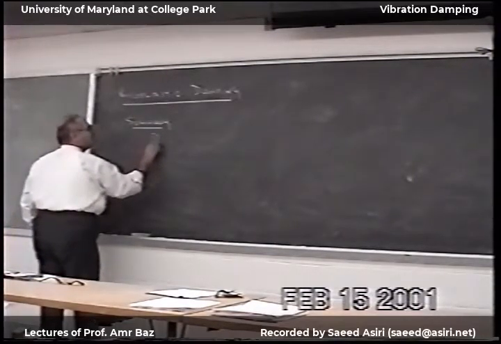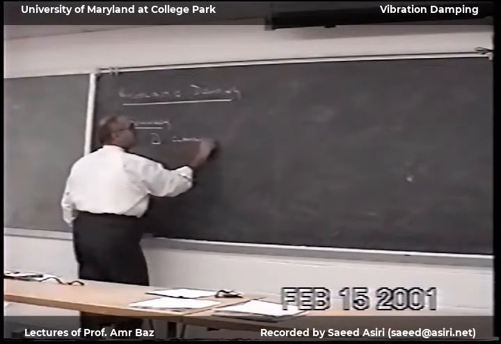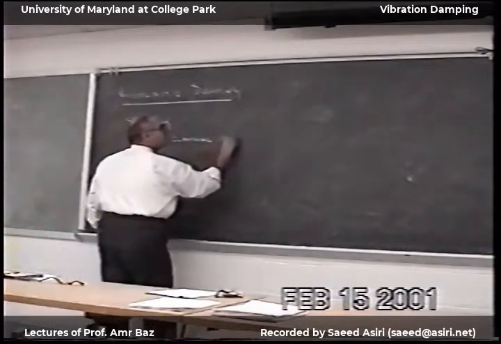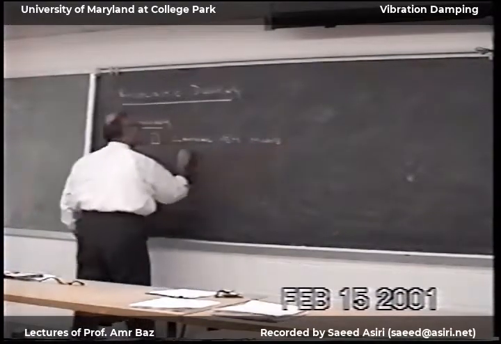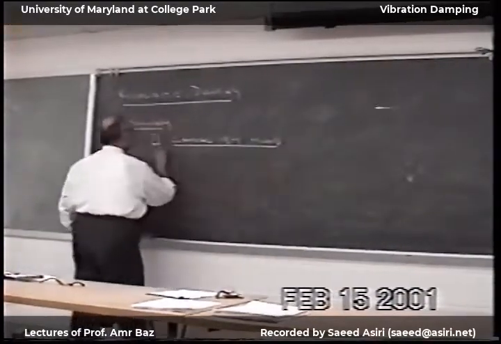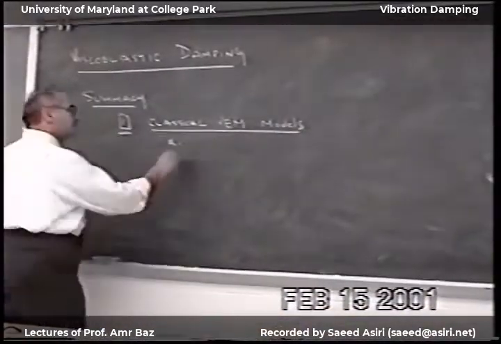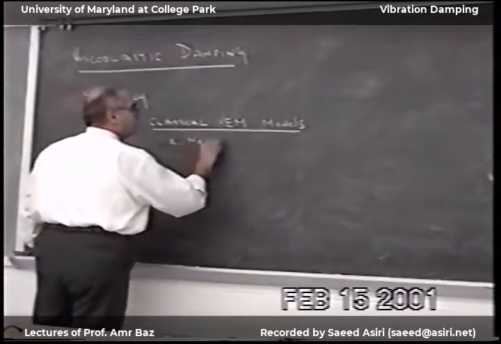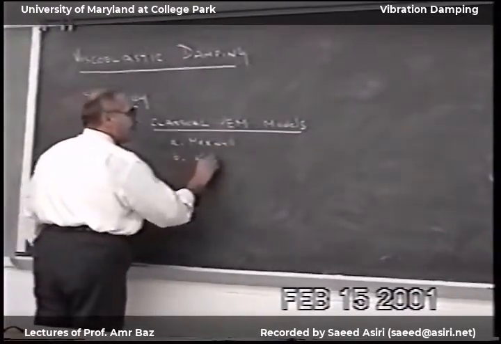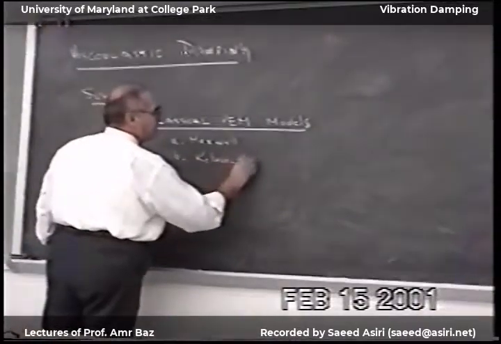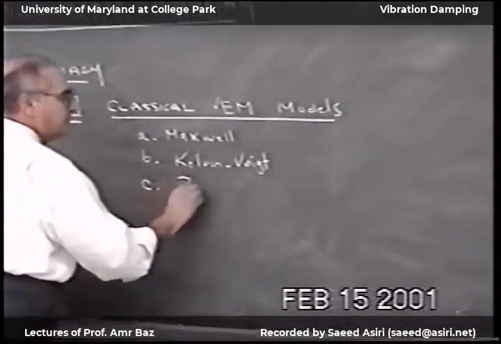We've done the classical methods: Maxwell, Kelvin and Voigt, and Zener.